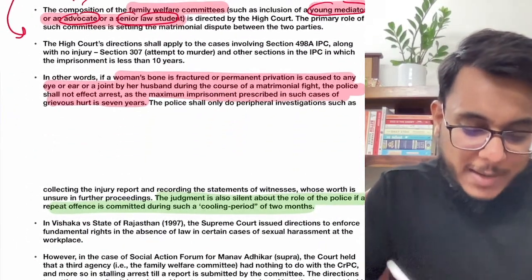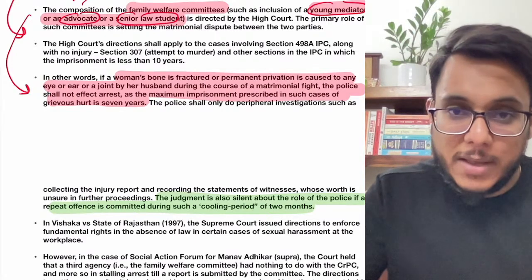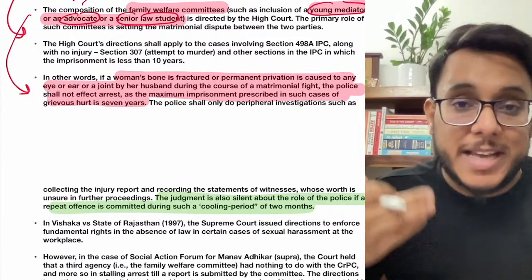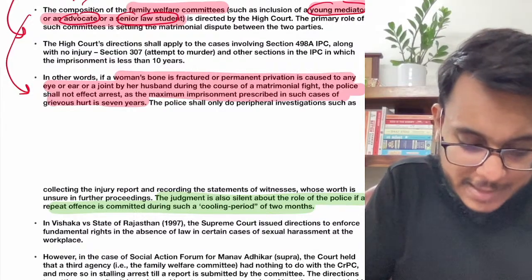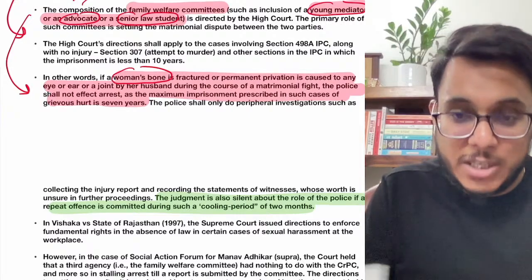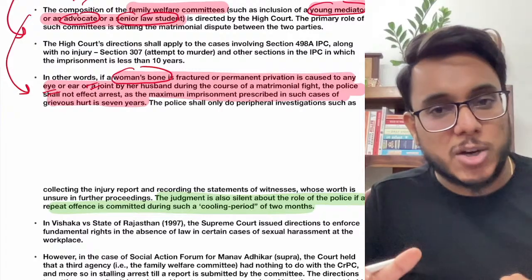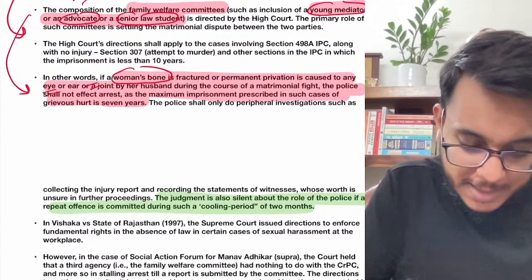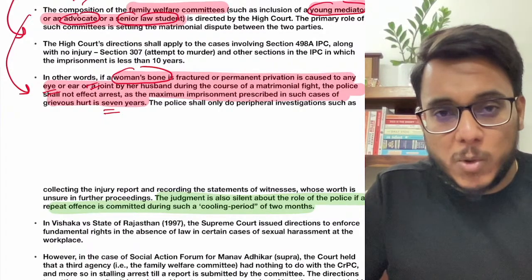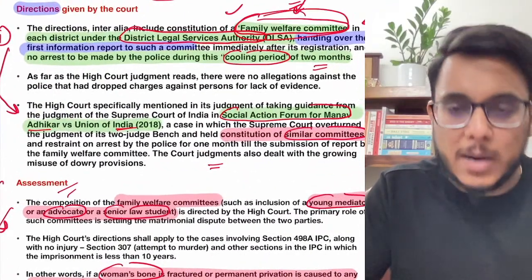Now, what if there was a demand for dowry, and in that course some minor hurt or injury has been caused to the woman? What if the woman's bone is fractured, or some injury has been caused to the eye, ear, or a joint? Clear? Basically such an injury where the maximum imprisonment is less than 7 years. The Allahabad High Court has provided that in such cases the matter will be referred to the Family Welfare Committee.